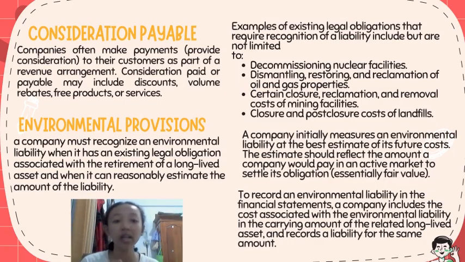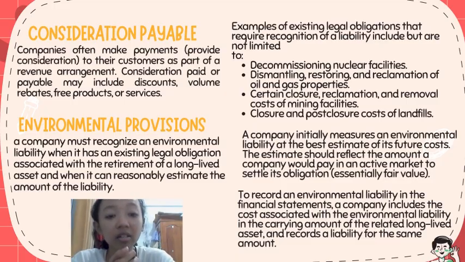A company initially measures an environmental liability at the best estimate of its future costs. The estimate should reflect the amount a company will pay in an active market to settle its obligation, essentially fair value.